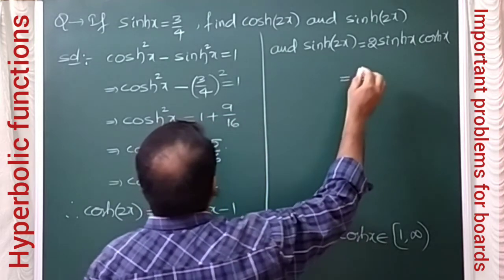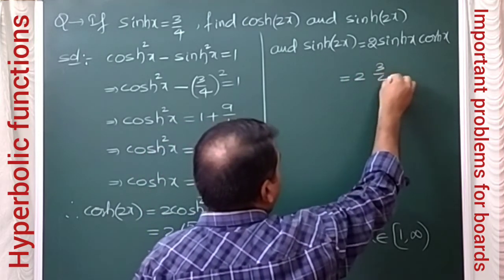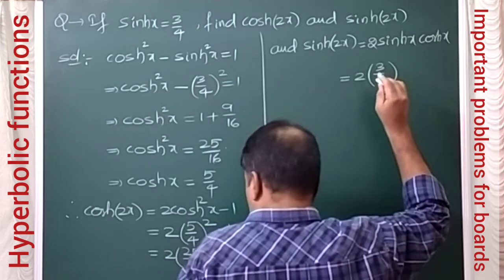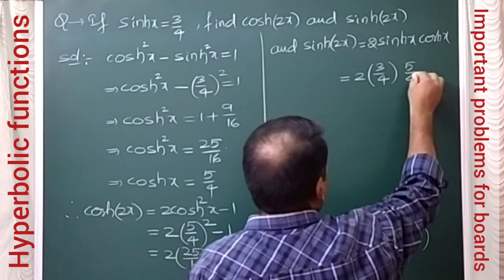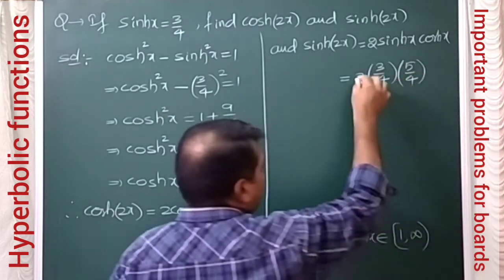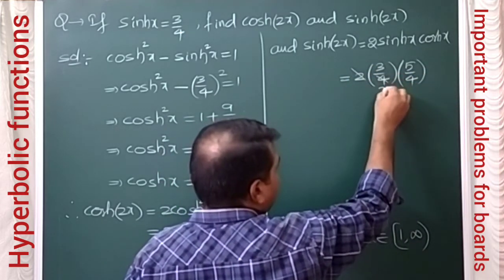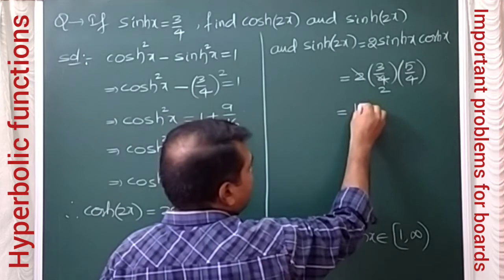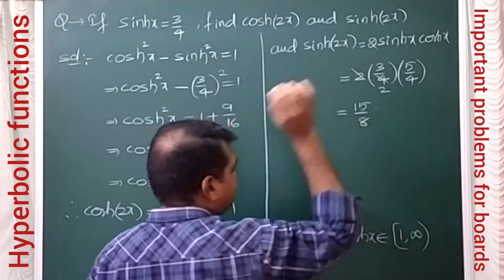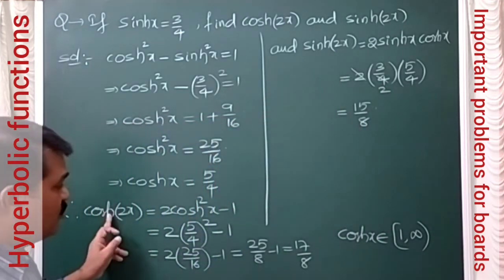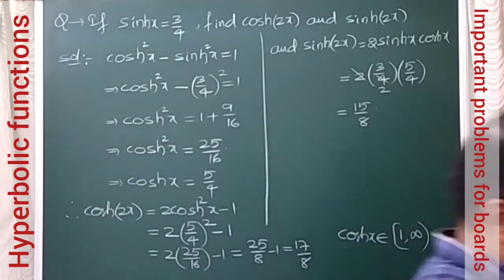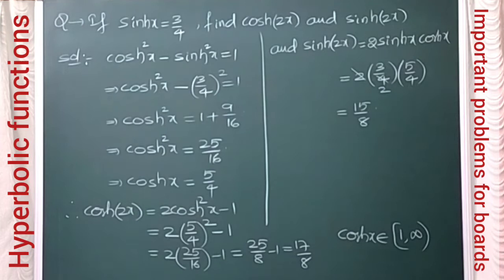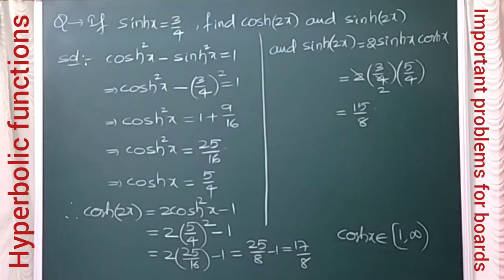So 2 into sinh x, which is 3 by 4, and cosh x, which we got as 5 by 4. The 2 will cancel, so this is going to be 15 by 8. Cosh 2x is 17 by 8, sinh 2x is 15 by 8. This is the basic application of formulas which we discussed in the previous video.